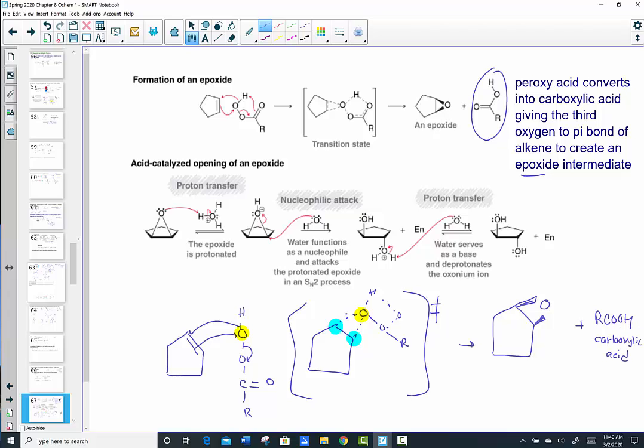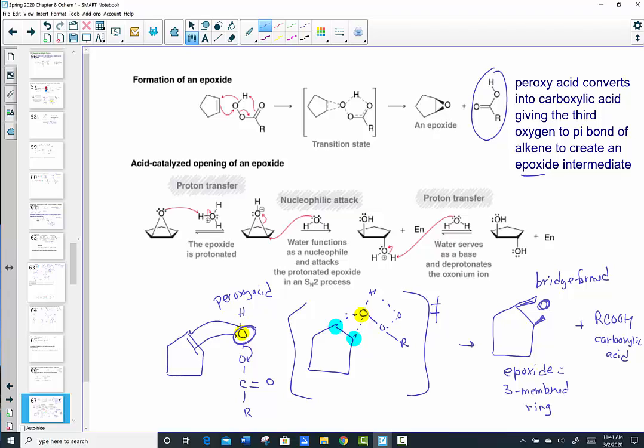So the peroxy acid, that's this guy, really takes one of these oxygens and creates a bridge between the 2 carbons. It's called an epoxide because it's a 3-membered ring, where oxygen is one of those.